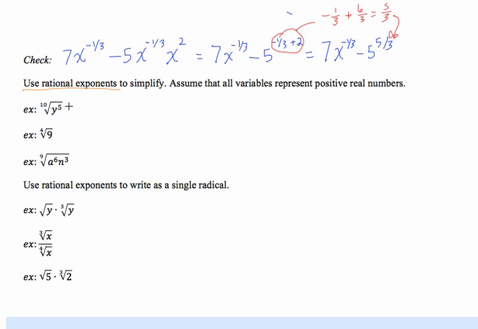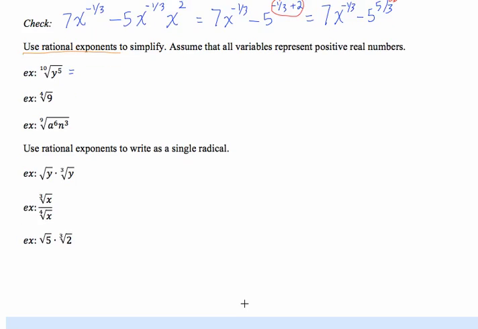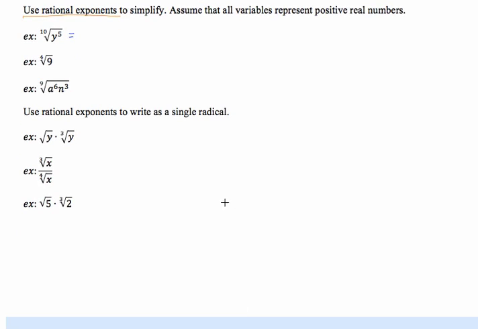So this first one, the 10th root of y to the 5th. If we convert that to a rational exponent, maybe we should write the conversion down here at the bottom. The conversion is a to the power of m over n is equal to the nth root of a to the m, or the nth root of a all to the power of m.